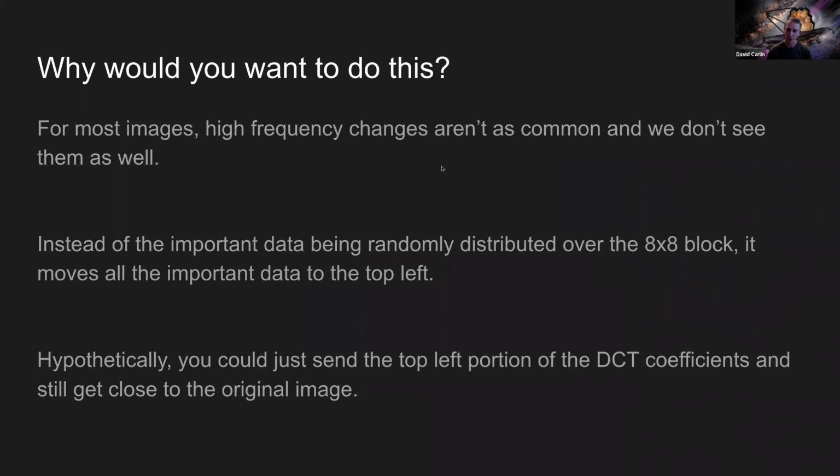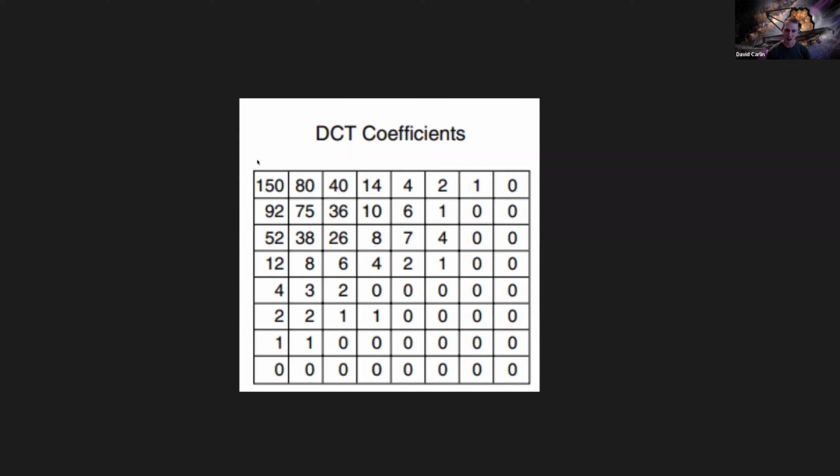And this is important because when you want to compress something, moving all the important bits to one spot and all the unimportant bits somewhere else allows you to compress things better. Like hypothetically, we could just send the first 4 by 4 or 5 by 5 grid, and it would still make an image that looks essentially like the original.